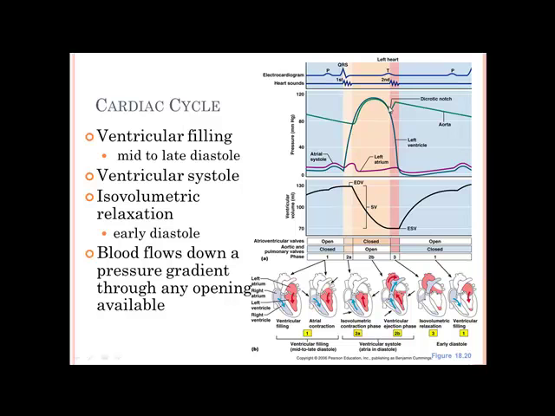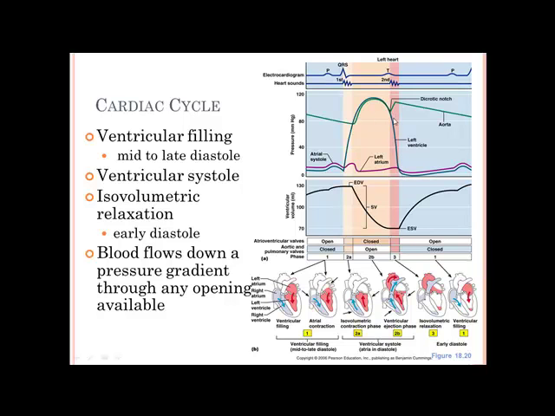So the ventricle is still continuing to contract, and it is pushing blood into the aorta. At this point, my ventricle is starting to relax, and the pressure in the ventricle drops down. Okay? When the pressure in the ventricle drops below the pressure in the aorta, the semilunar valves will close. Alright? Pressure in the ventricle is still higher than pressure in the atrium, so blood is not entering the ventricle.